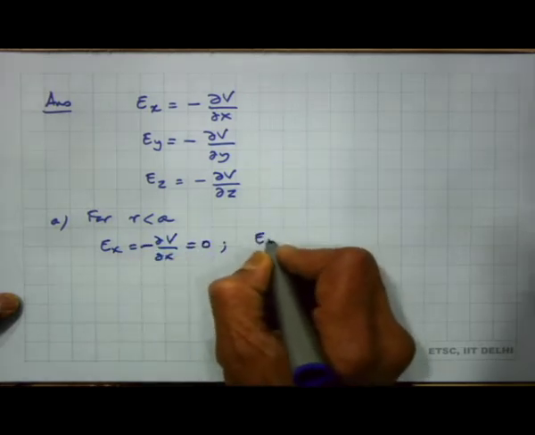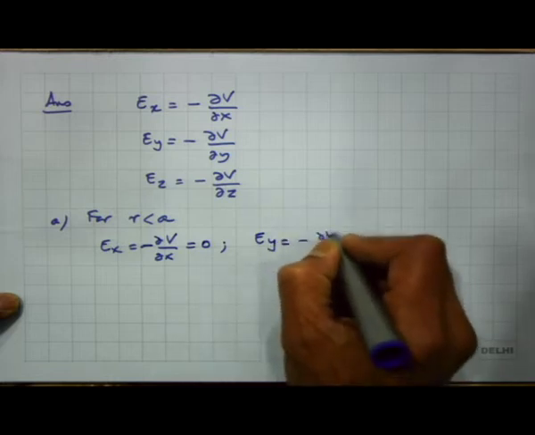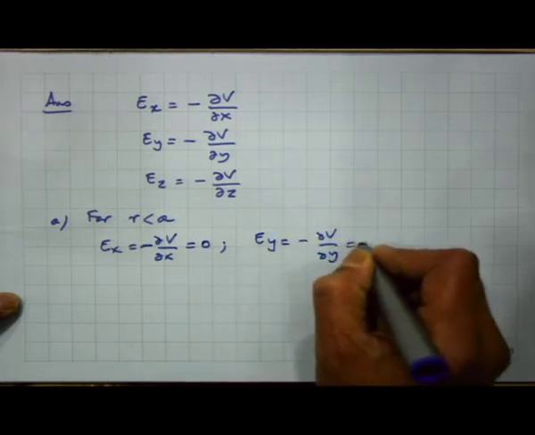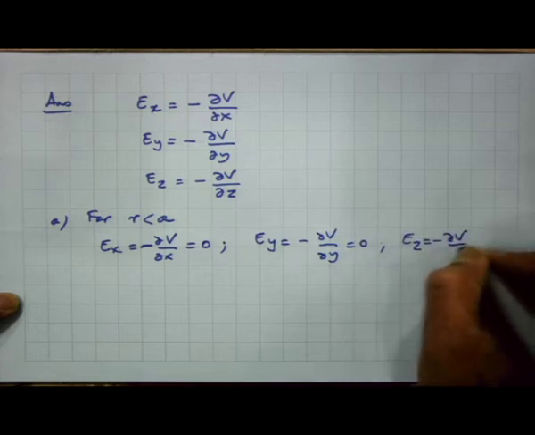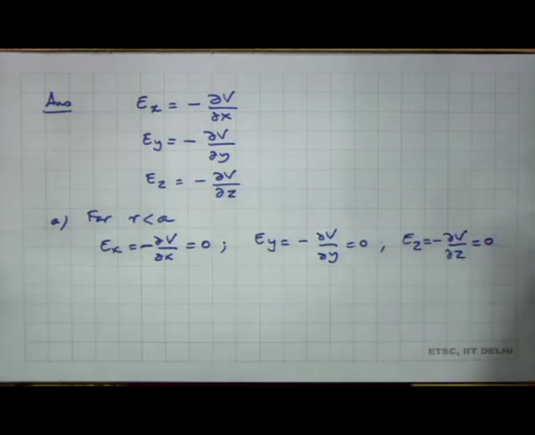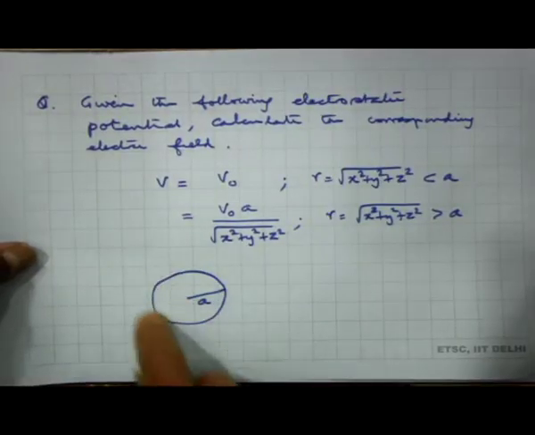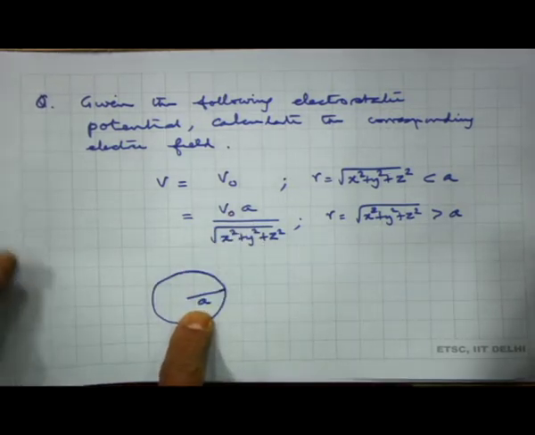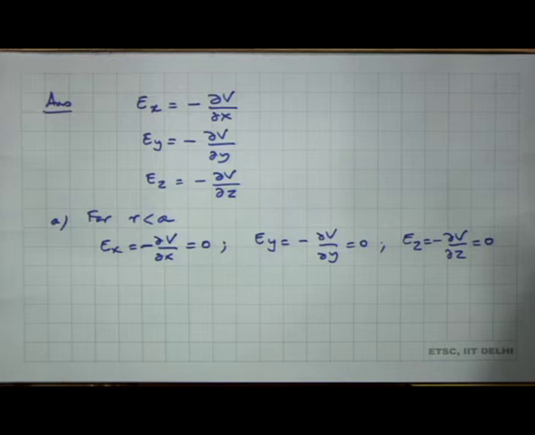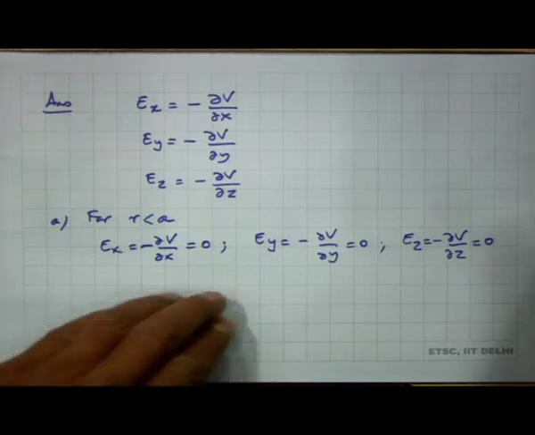Similarly, E y is equal to minus del V by del y, which is equal to 0, and E z is equal to minus del V by del z, which is equal to 0. So, within this sphere of radius a, because the potential is constant, there is no electric field. Now, what about for r greater than a, outside the sphere?